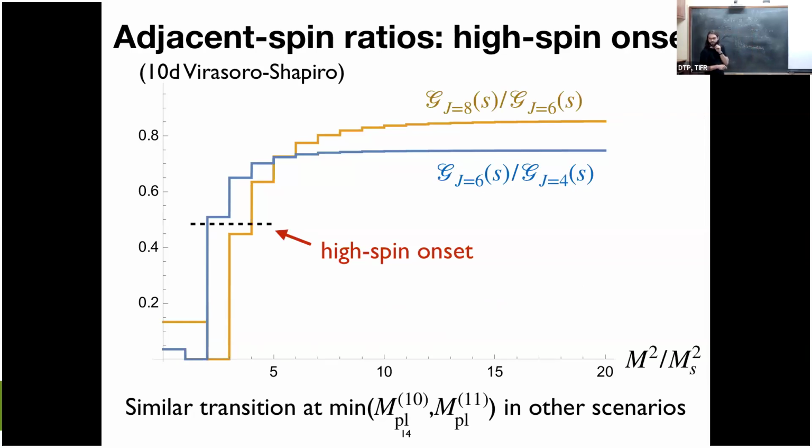At large impact parameter, should we expect just gravity? Because it's the only massless particle. There are infinitely many massive particles, right? Okay, but say we go very, very far. Yeah, very high energy also. No, but fixed energy. At any fixed energy and large impact parameter, I think, right?